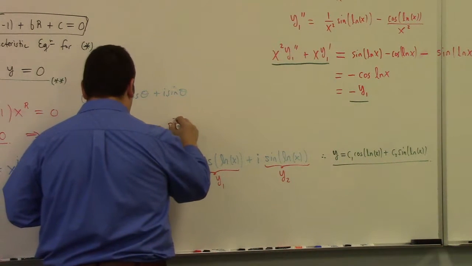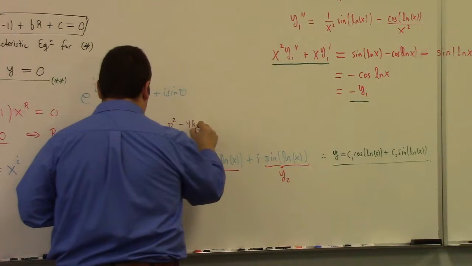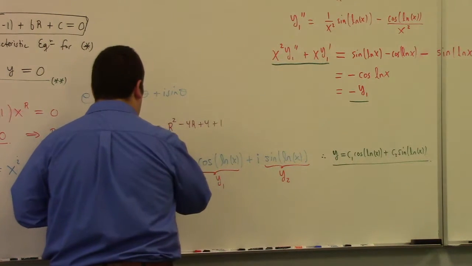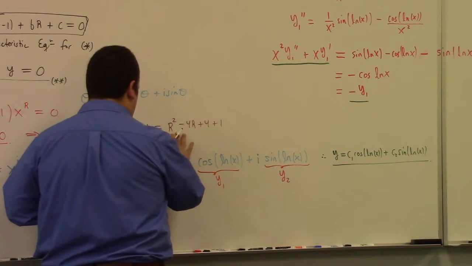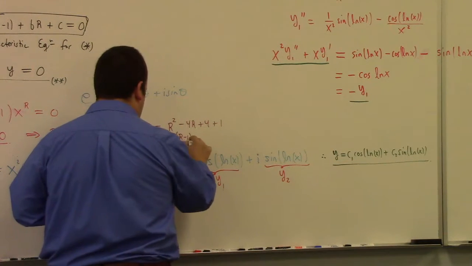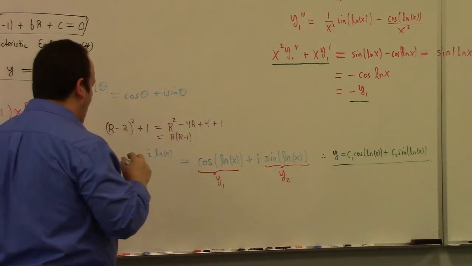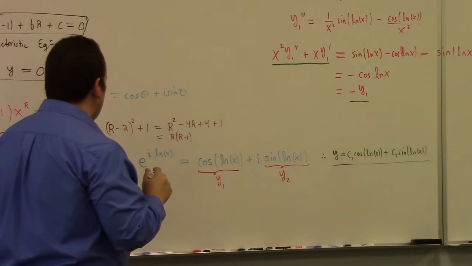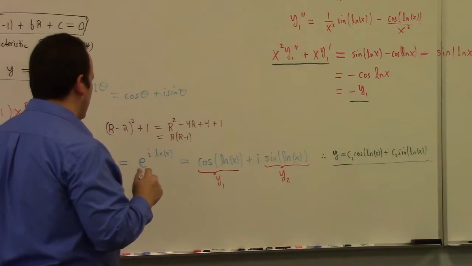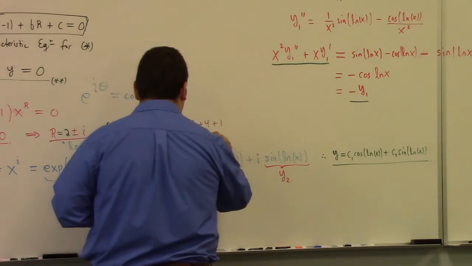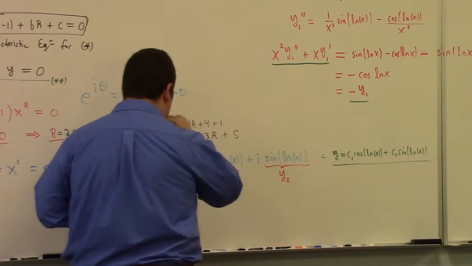Which would be r squared minus 4r plus 4 plus 1. So that would be r times r minus 1, and what am I left with? Minus 3r plus 5, right?